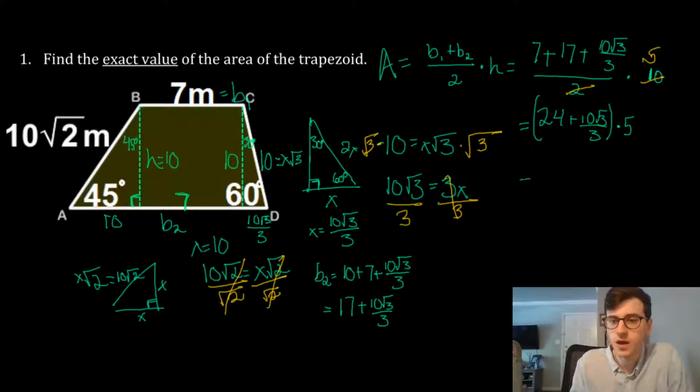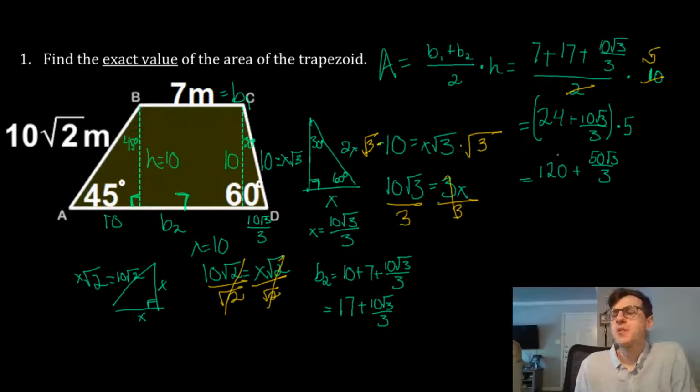So now we can go from here. 24 times 5 is 120. 10 root 3 over 3 times 5 is 50 root 3 over 3. And maybe we make it look nice by making this one fraction. 120 is the same as 360 over 3.